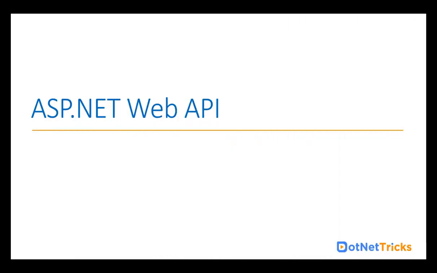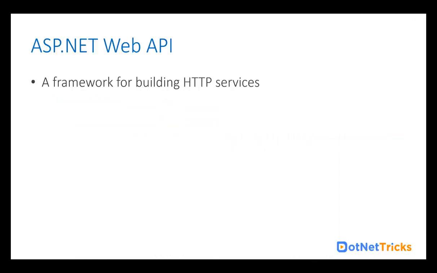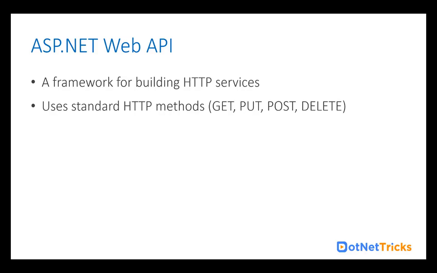ASP.NET Web API. ASP.NET Web API is a framework for building HTTP services. So if you're planning to expose your data using the HTTP protocol, you should use ASP.NET Web API. ASP.NET Web API uses the standard HTTP protocol methods like get, put, post and delete.